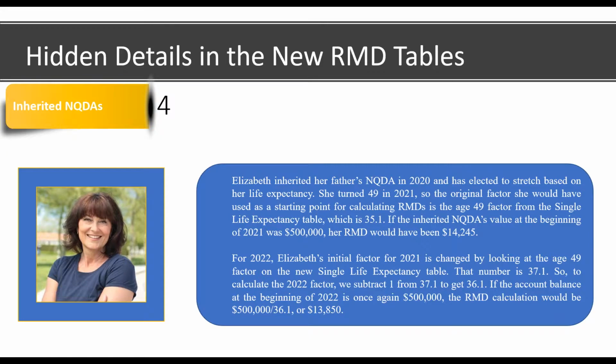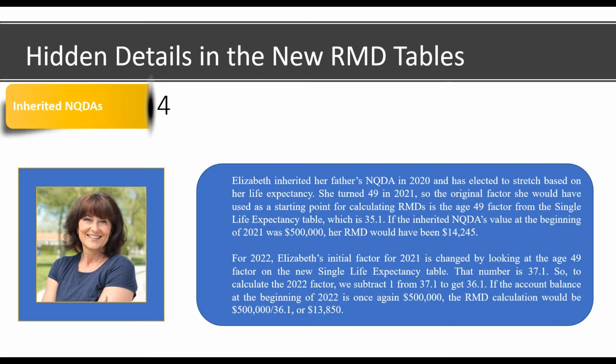It's an inherited non-qualified annuity. She turned 49 in 2021, the year after her father's death. So the starting point for calculating minimum distributions from the non-qualified annuity is the factor from the old single life expectancy table, 35.1. If, again, we're assuming a $500,000 account balance, the RMD would be $14,245.